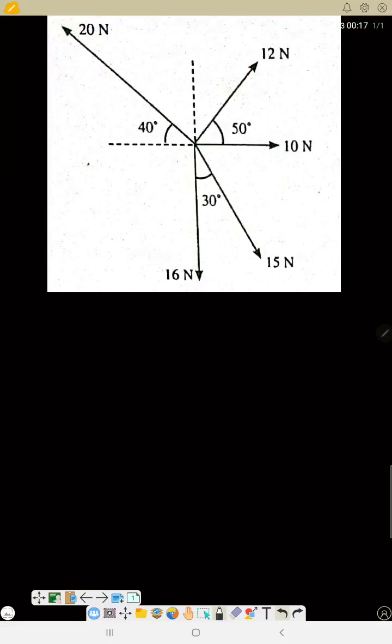Okay, this is the question now. We have to resolve all these forces into vertical and horizontal components.